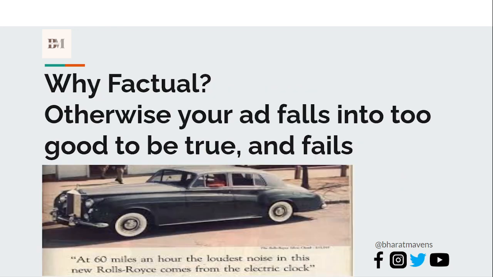Next, why factual? Otherwise your ad will fall into the too good to be true category and fail. For example, Ogilvy wrote the famous headline: at 60 miles an hour, the loudest noise in the new Rolls Royce comes from the electric clock. He is exactly saying that this is the least noisy car in the world, but he is not saying it directly.